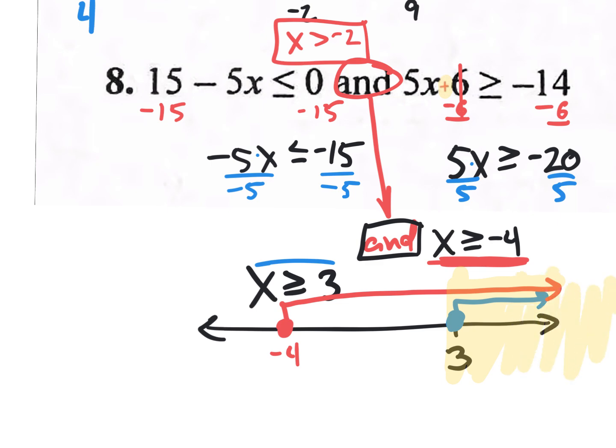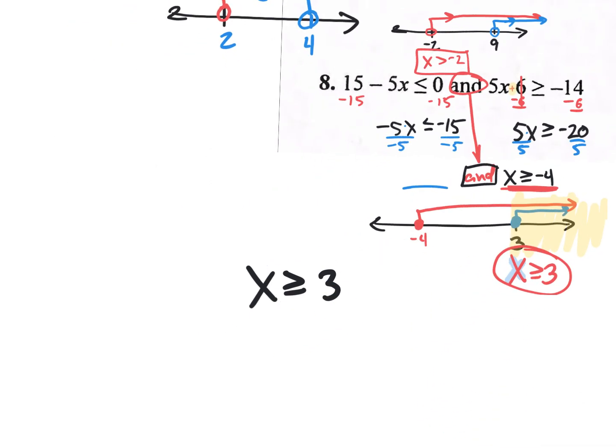So what is that inequality? X is greater than or equal to 3. That's the only answer. You don't need the x is greater than or equal to negative 4. Actually, you shouldn't write it, because the word and implies the overlap, both. Kind of like having white shoes and shorts, right? It has to be both.